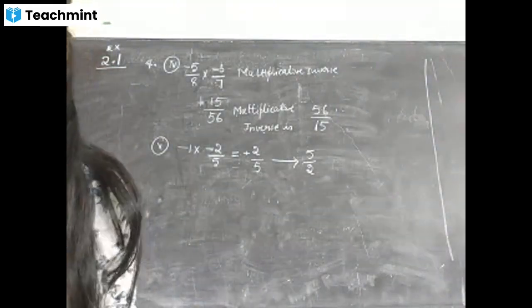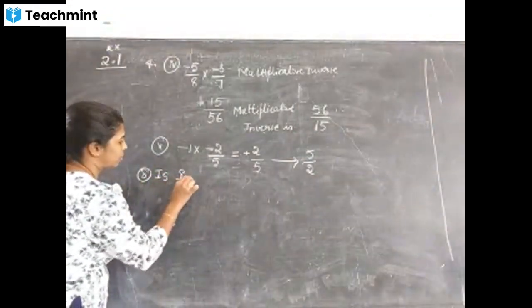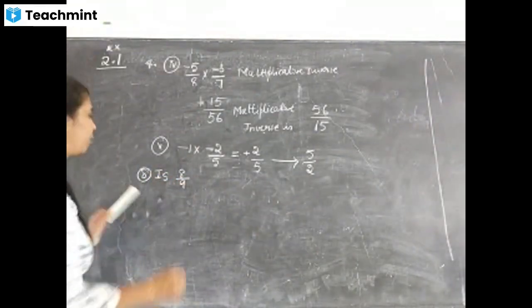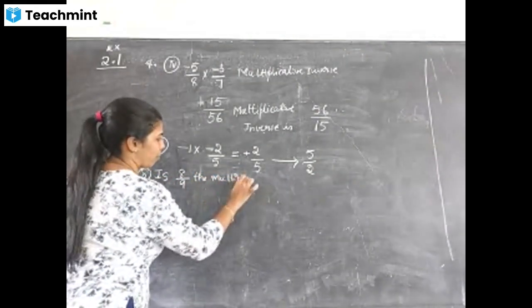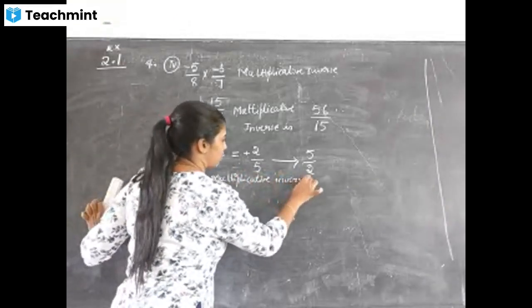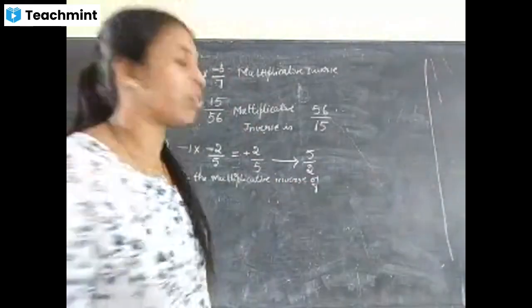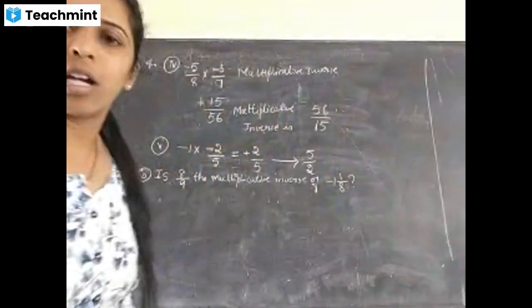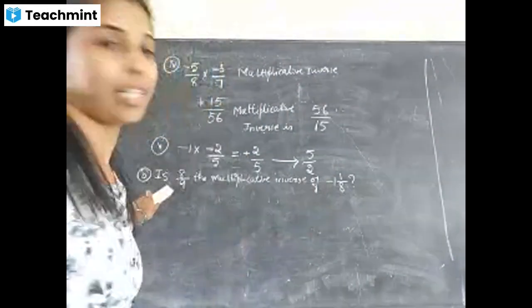Is 8 by 9 the multiplicative inverse of minus 1 by 8 by 9? 100% no. Why? Here it contains a minus sign, here it contains a plus sign.